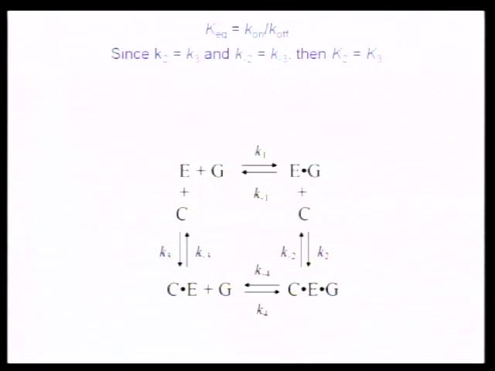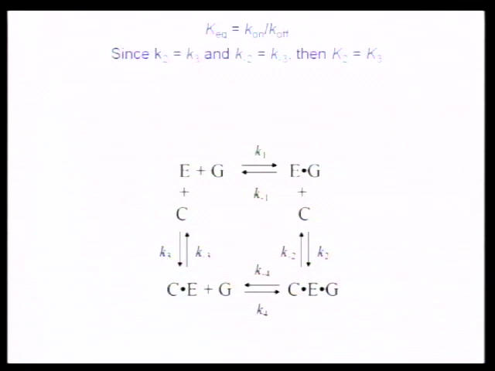So K2 and K3 are the same. The off rates, K minus 2 and K minus 3, are the same. So the equilibrium constants are the same for these reactions. So if you remember back to Ken Blumenthal's talk, he was talking about thermodynamic cycles and Alan Fersht. Well, this is the same reasoning.